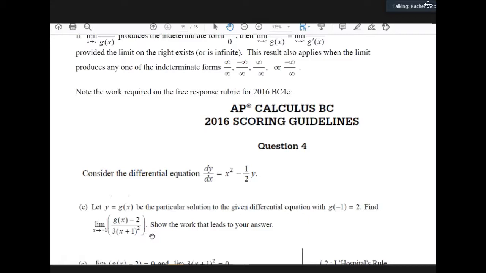So this becomes a L'Hopital's because you get a 0 on top and a 0 on bottom. To do this as a L'Hopital's on a free response question, they got kind of goofy with their rules.